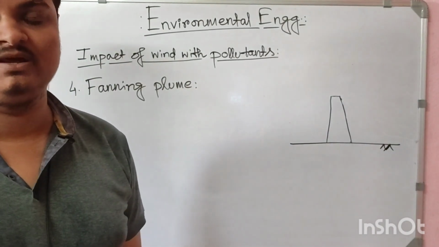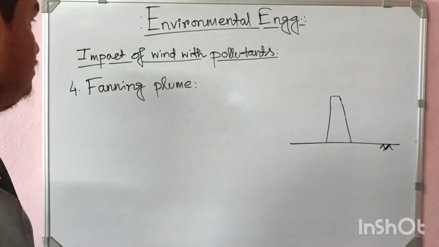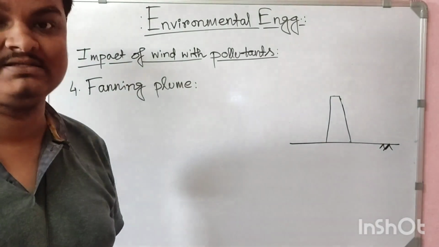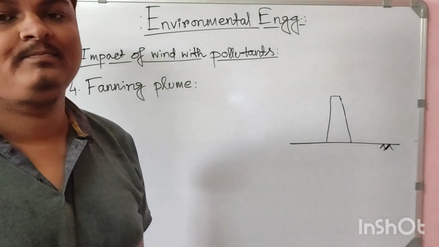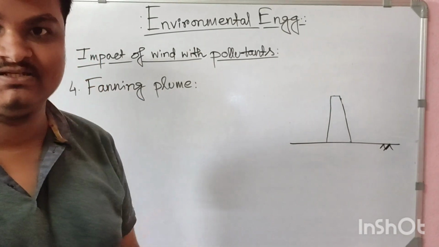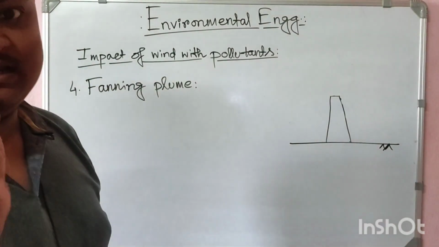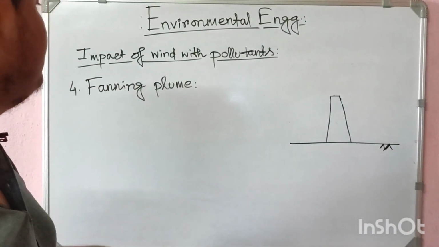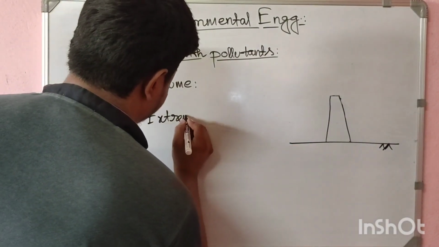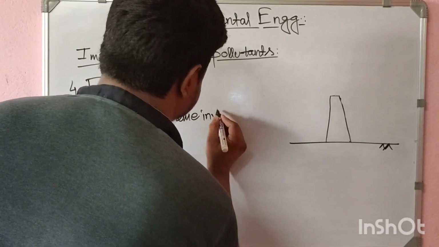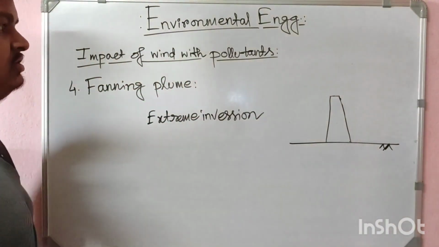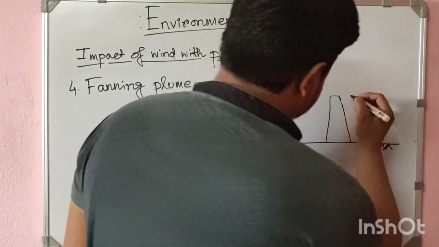I have told you what inversion is. Inversion is the negative ELR, the negative lapse rate. So when the extreme inversion happens, then this plume happens. Let's see the picture of this.